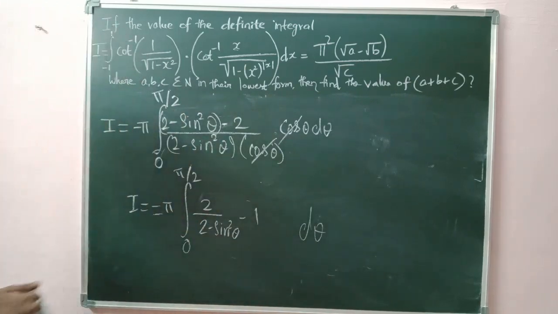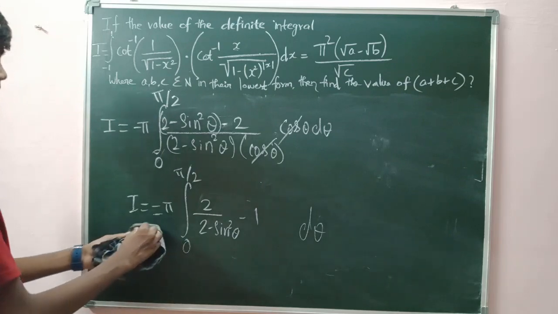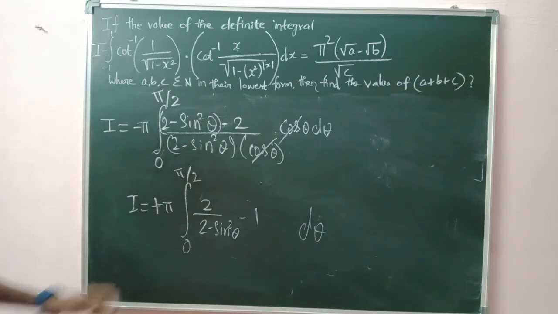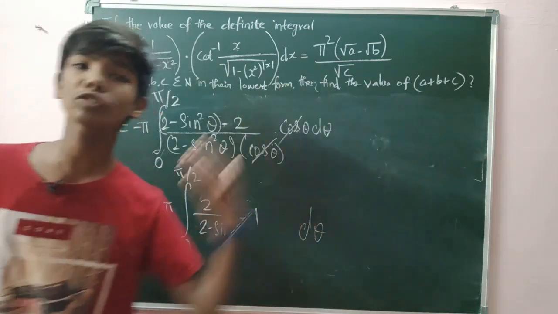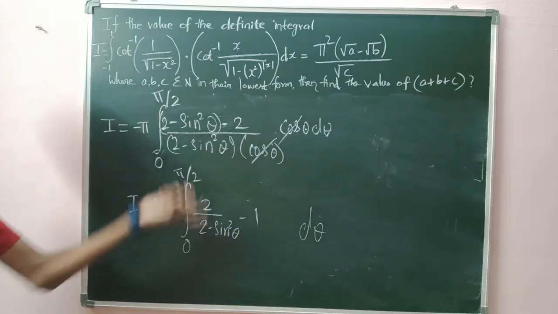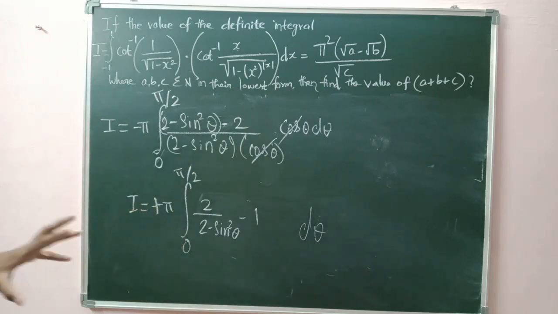So when I take the minus common, this will become plus. So what I did is, I'm having 1 minus 2 by 2 minus sin square theta. I took minus common out here, therefore inside function will become like that, and the minus over here will become plus, because minus times of minus is plus. So this is what we got over here.